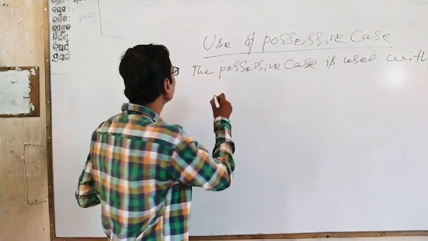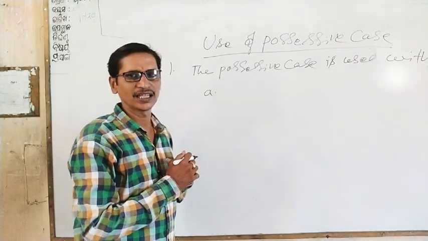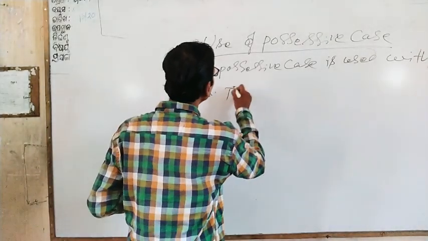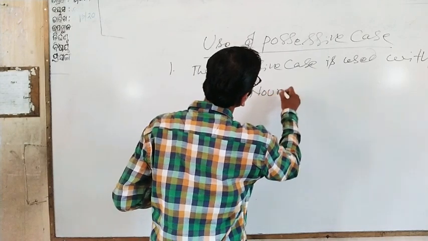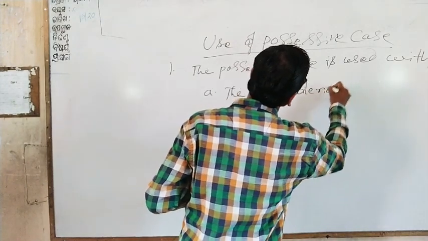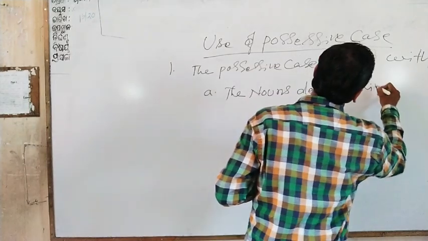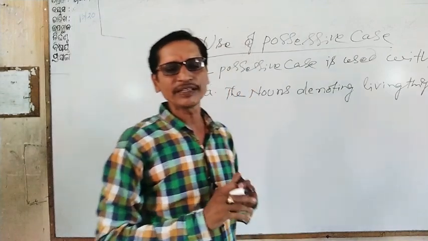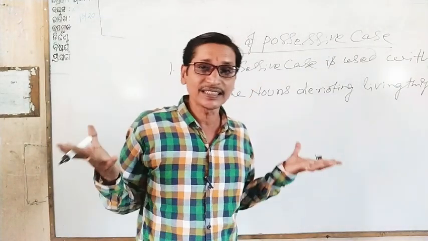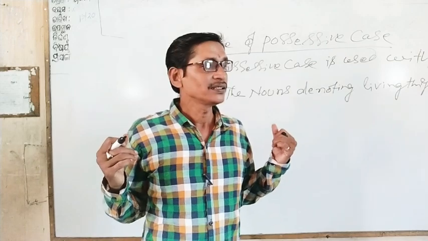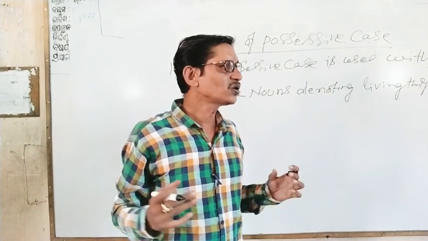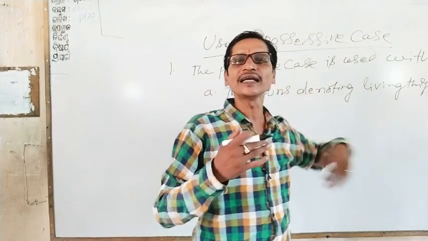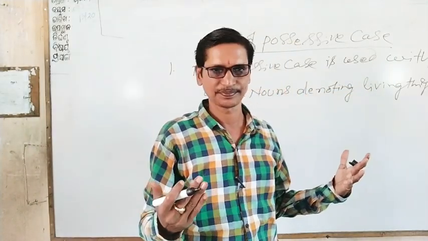First of all, A: the nouns denoting living things. Living things we already know very well. So those which are living things, we make possessive cases with them.